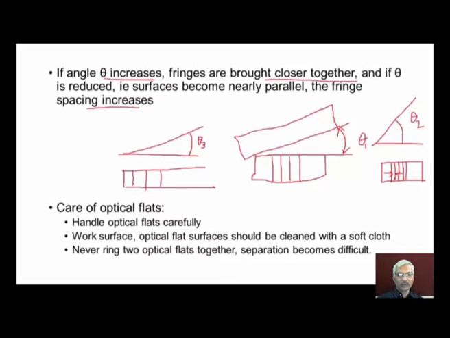Fringes move away. Now what happens if the surface to be inspected and the optical flat surface are parallel, and the surface to be inspected is almost flat? Then we don't get any fringes. So this is the ideal case.